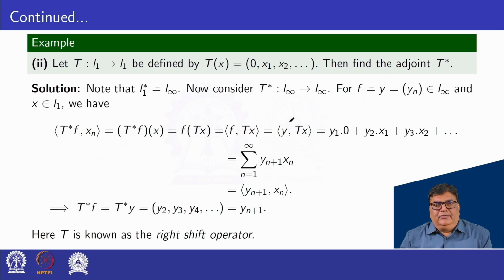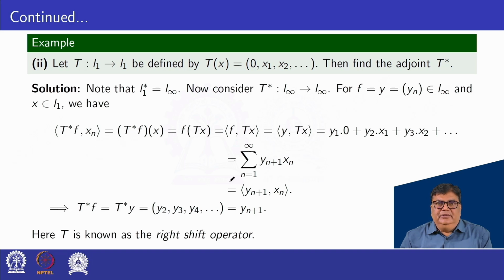So the inner product of y and Tx can be written as y1 into 0 plus y2 into x1 plus y3 into x2 and so on. That is, this can be written as summation n equal to 1 to infinity of y(n+1) into xn.